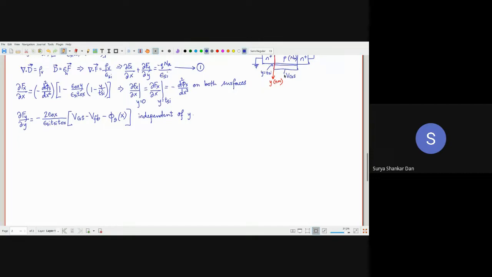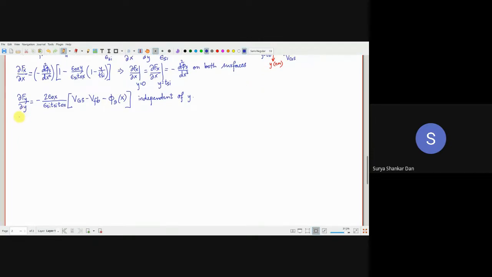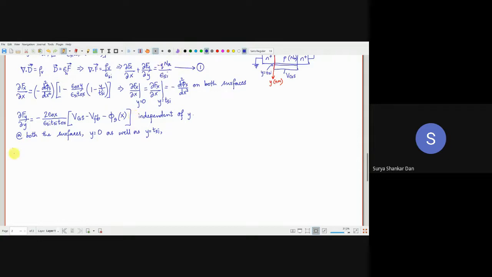Okay, now at the surface, at both the surface, let us say, okay, so that means when y is equal to 0 as well as y equal to tsi, in दोनों situation में, ठीक है, what will be equation number 1?